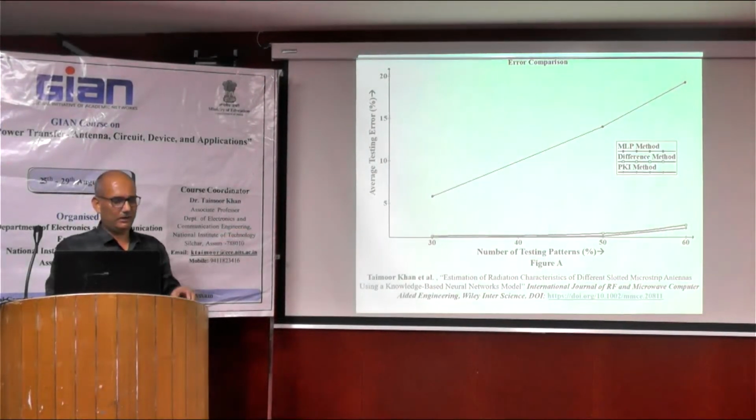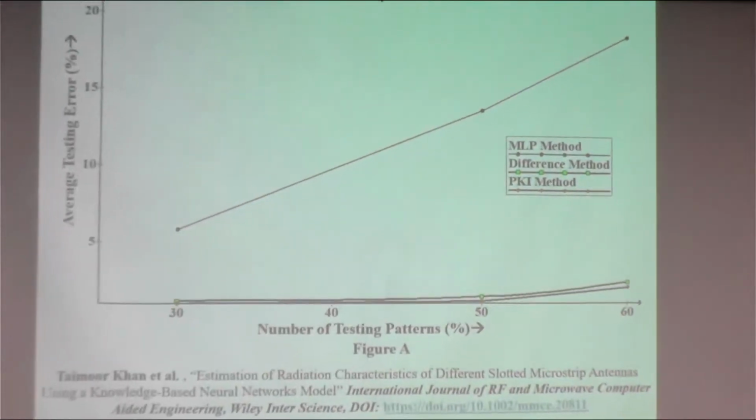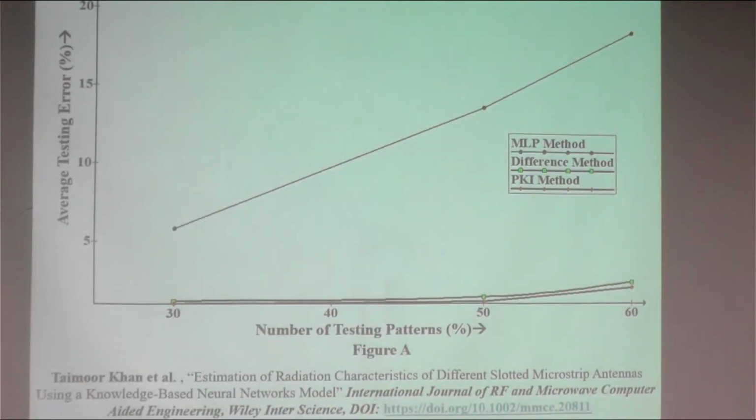Up to 50 is reasonable. Then again it starts to increase, and you will get very unpredictable performance after 60%. So it is fine from 30% to 60%, not beyond that.